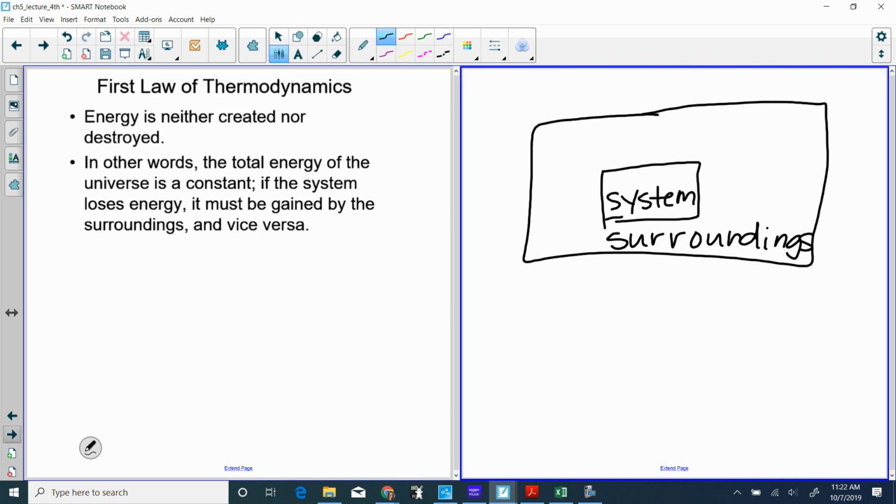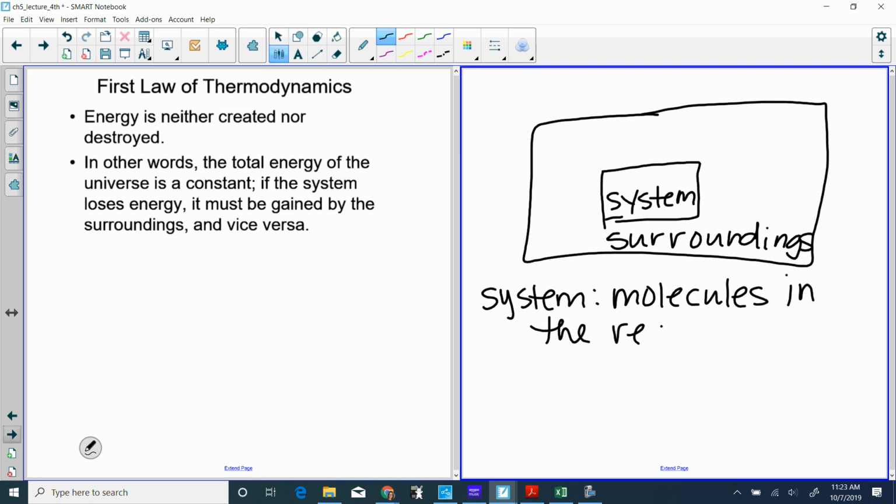In chemistry, the system is the molecules actually doing the reacting in the reaction. In other words, it's the net ionic equation. It's the stuff that's making the solid, liquid, or gas. That is the system.